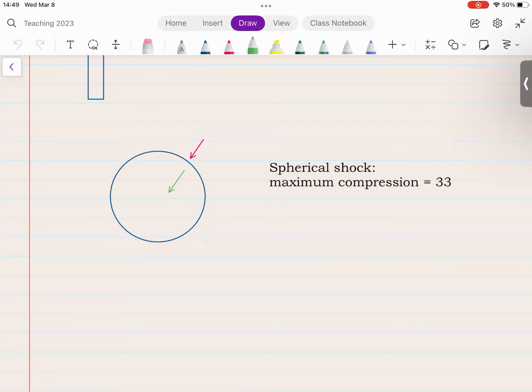Okay, then things actually don't ever work as well as we would like.